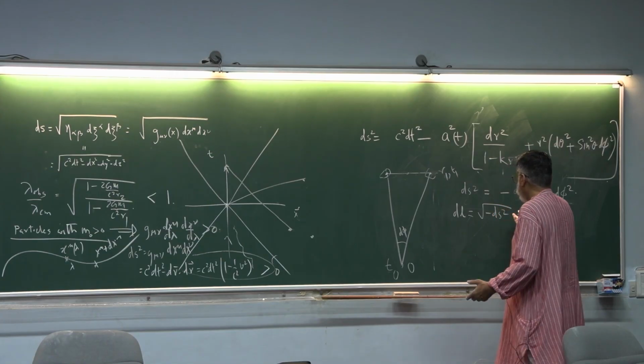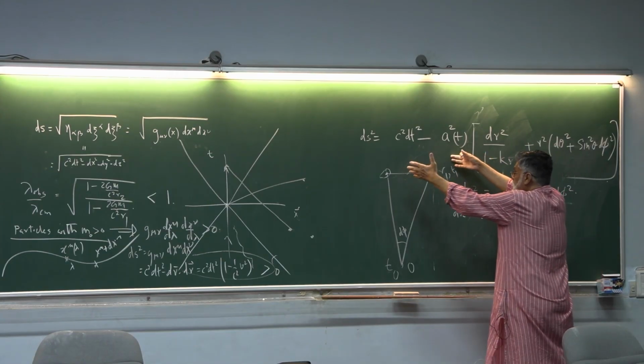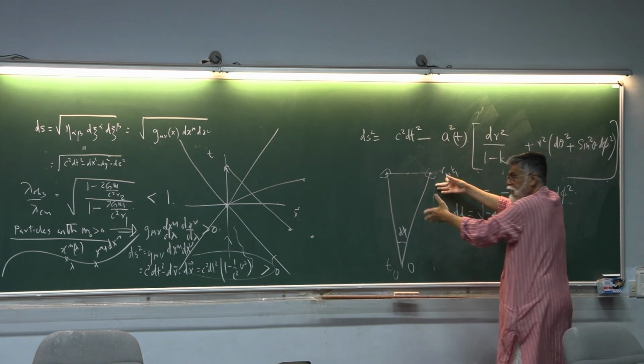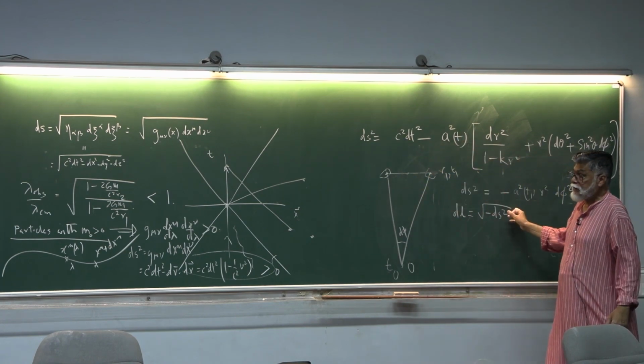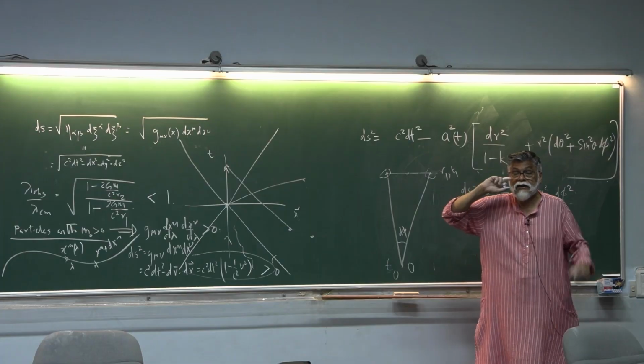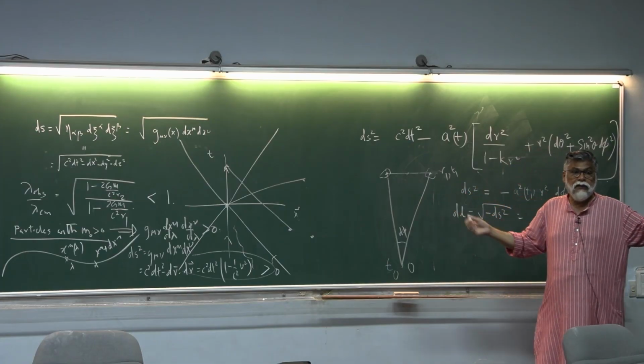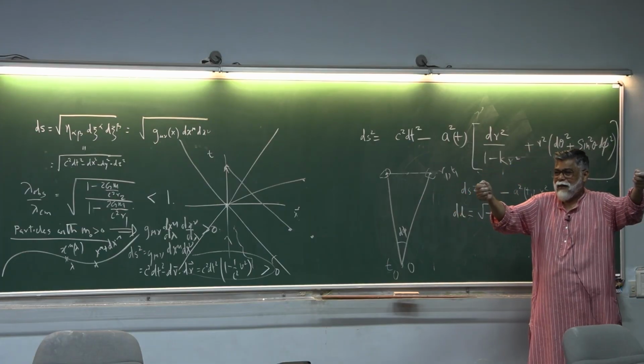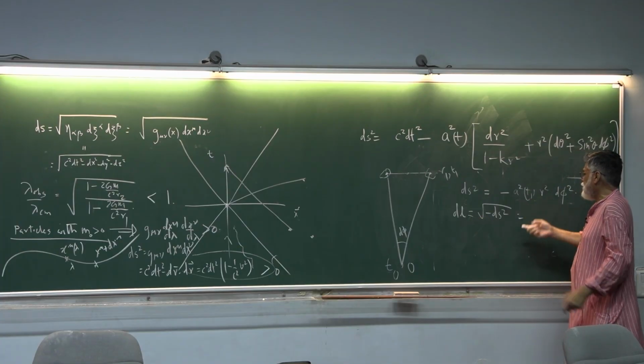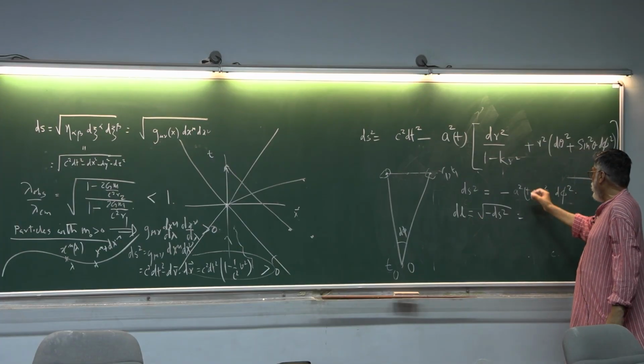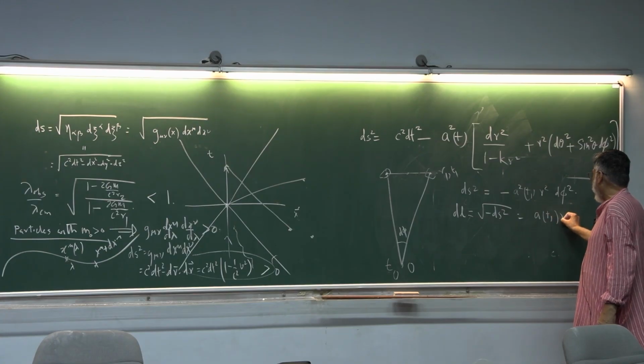If you had a local inertial frame freely falling, that's what he would have observed. Always go to the local inertial frame. The two blobs, same time, and he would have got this as the length, with the square root. So therefore, you will get a of t1 r d phi.